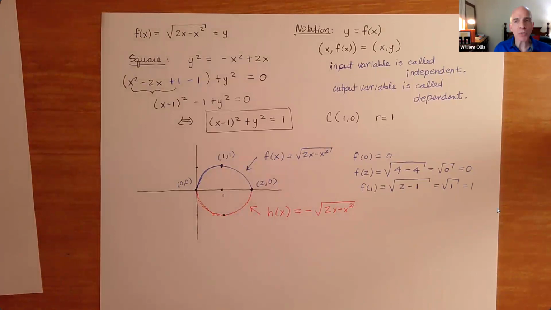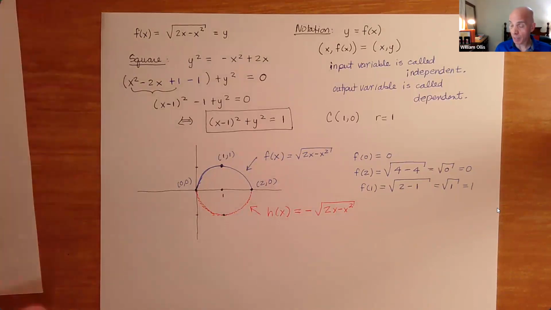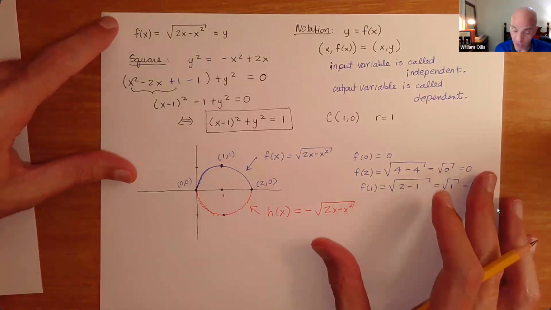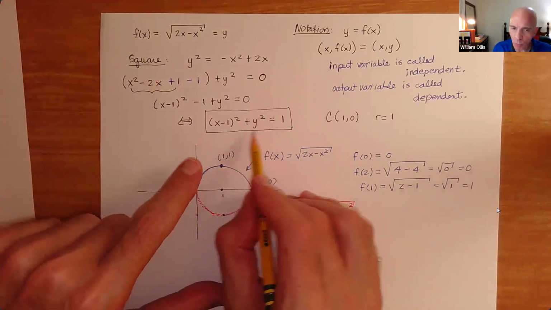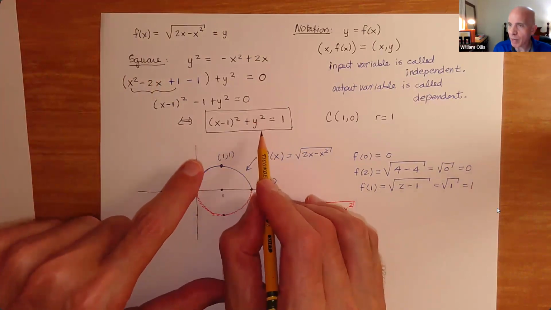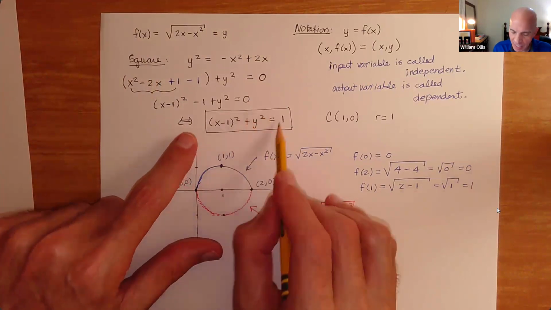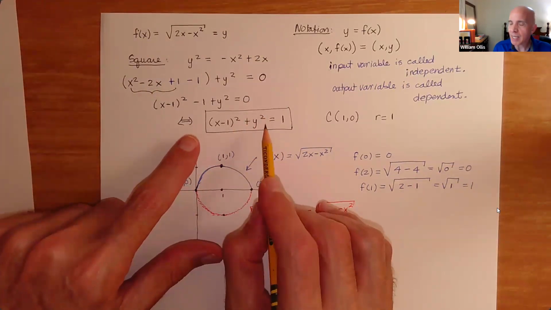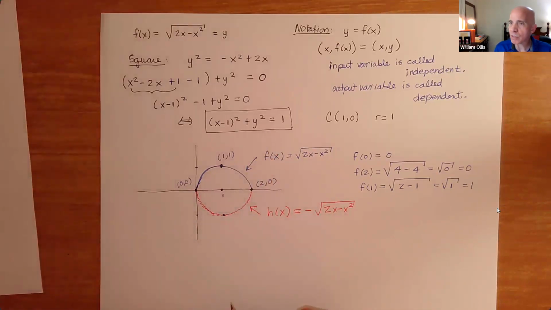So just remember, as you think about the particular formula that you have for the function, you can apply any algebra. And notice at this point, this is what we call an implicit equation. Implicit in this particular equation is how we find the other functions.